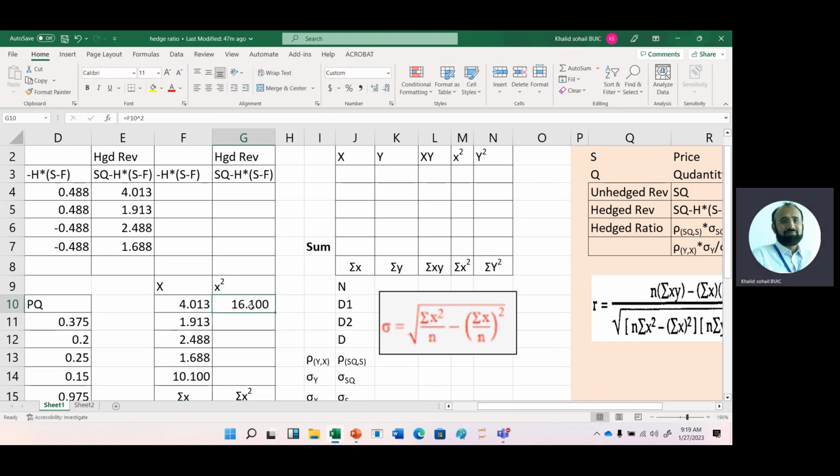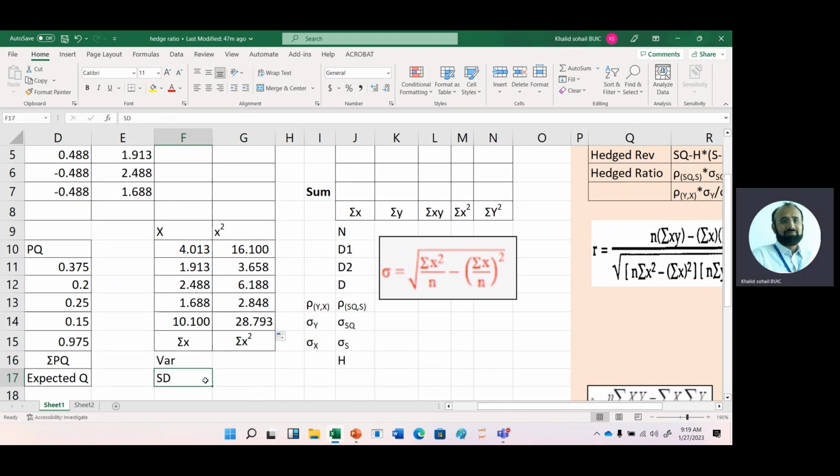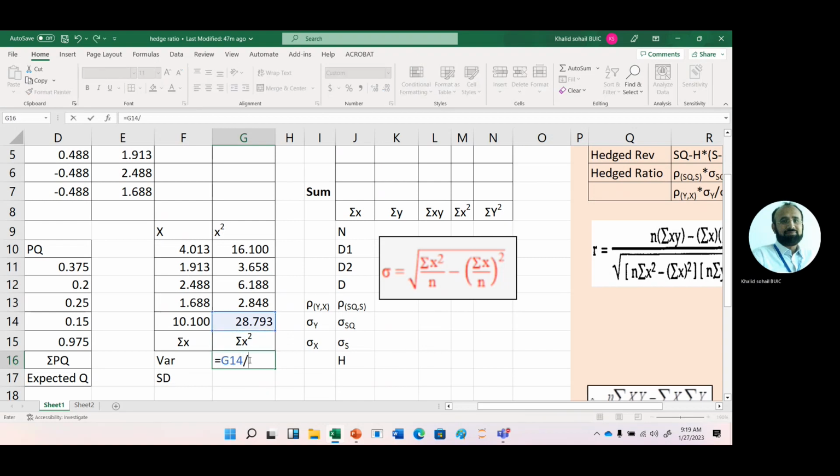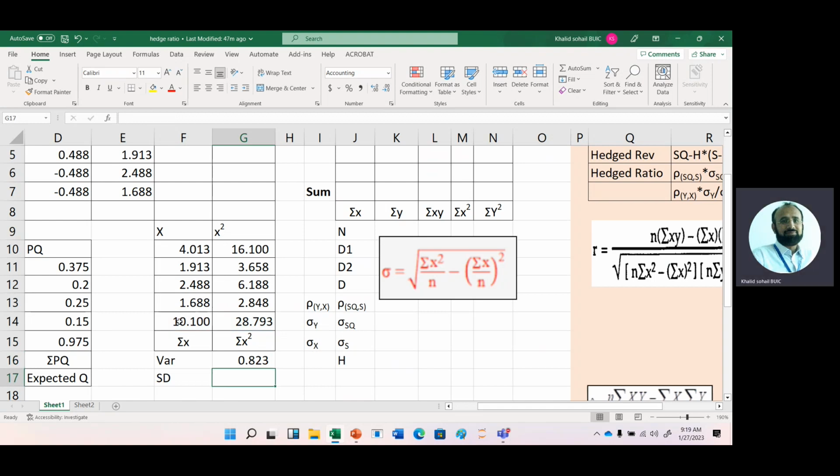We are just doing manual calculation of standard deviation. For standard deviation, first we calculate variance, that is summation x square divided by n minus (summation x divided by n) whole square. And then we will take its square root, power 0.5.